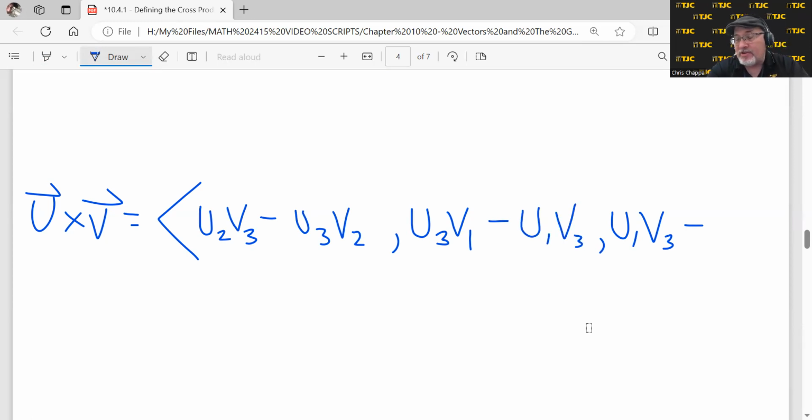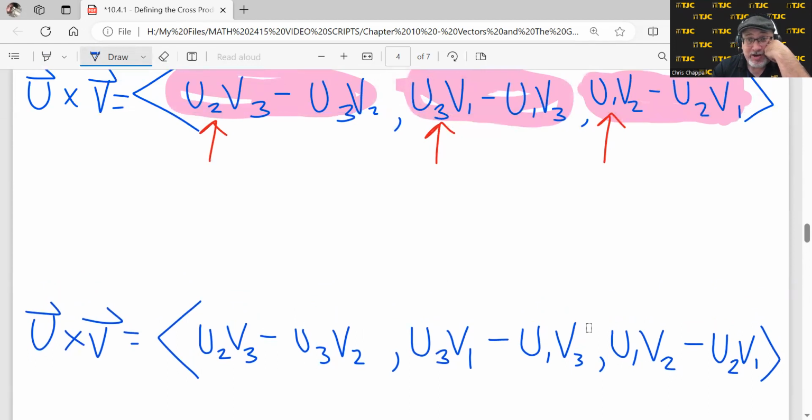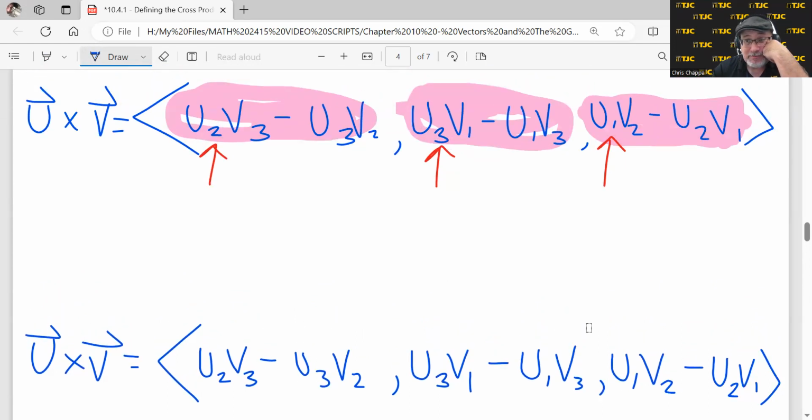And in the third component, instead of U1 V3, excuse me, that's not right. Third component should not have a subscript of 3. Each component here is missing the subscript that matches its position. Subscript should not be 3, it should have been 2. Minus the same order except reverse the subscripts, U2 minus V1. That should be the definition that was right up here, or the result. Just checking it real quick. Ta-da.